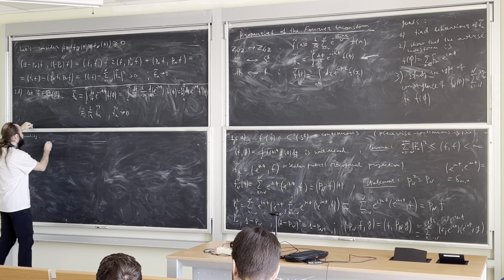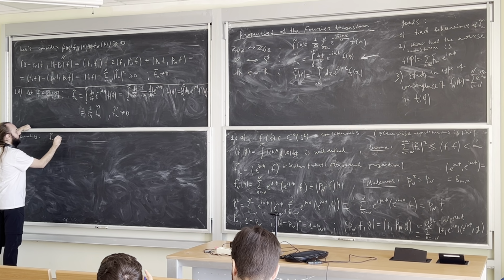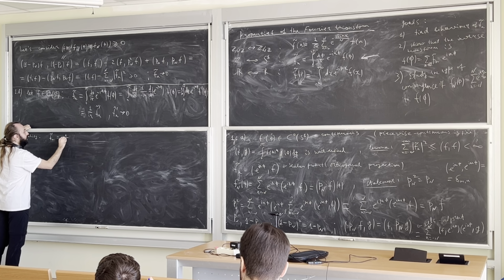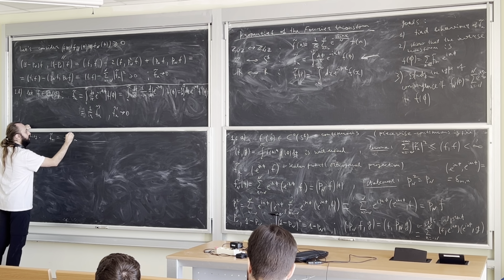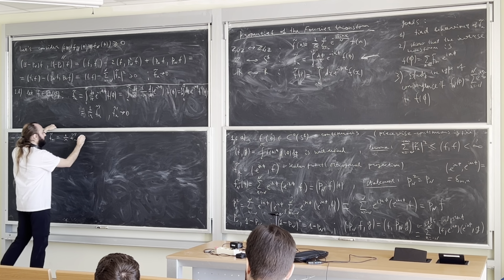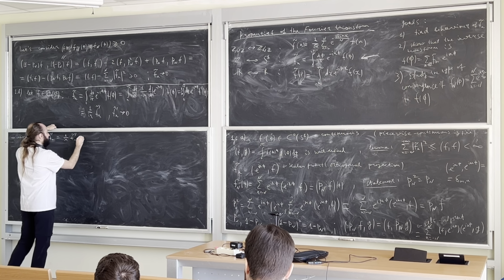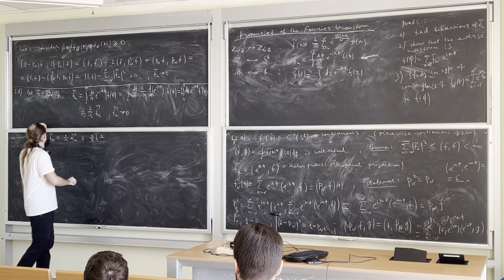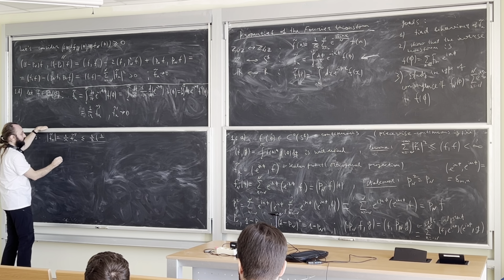Well, let me write it. Fn tilde times 1 over n, fn tilde prime, is less or equal than one half of the sum of their squares. Let me write the absolute value of this.